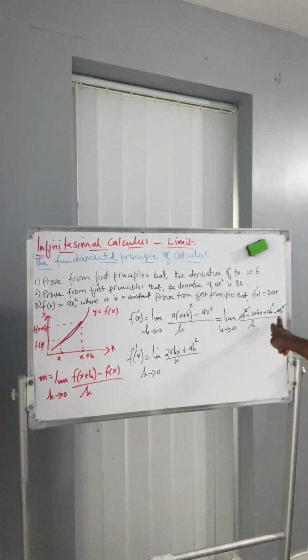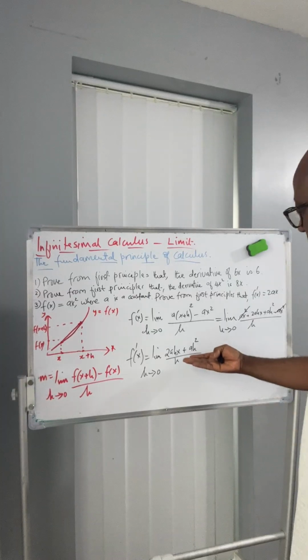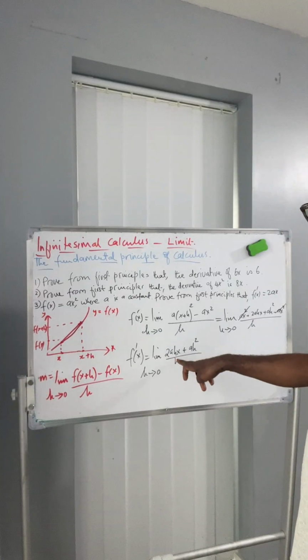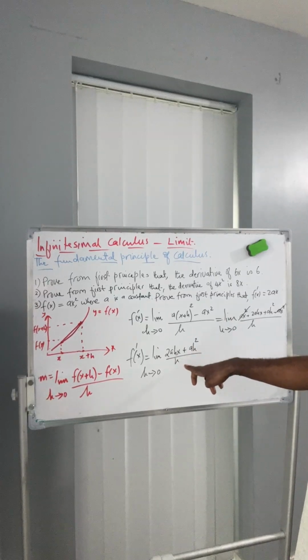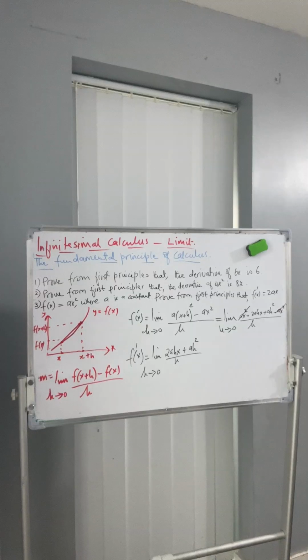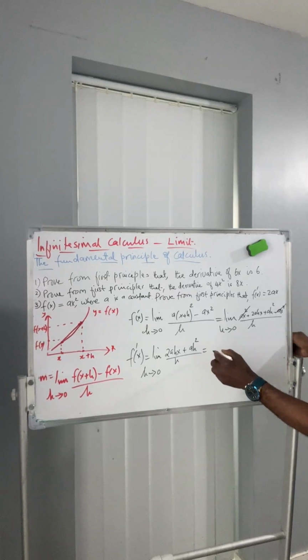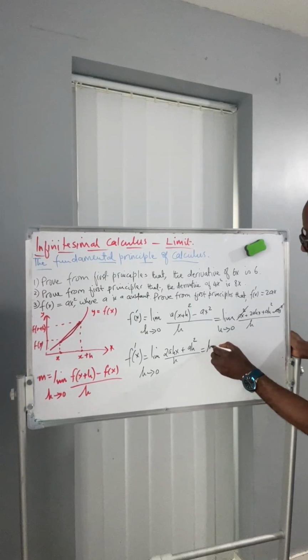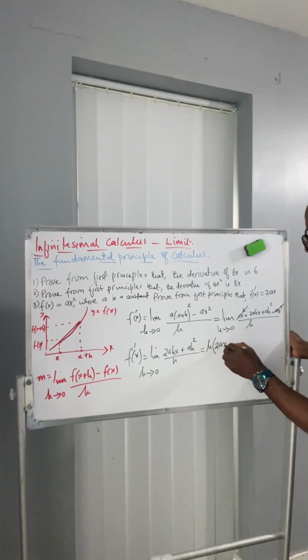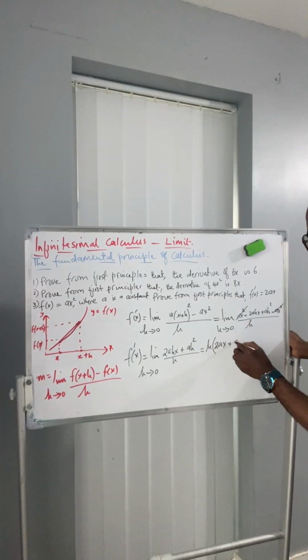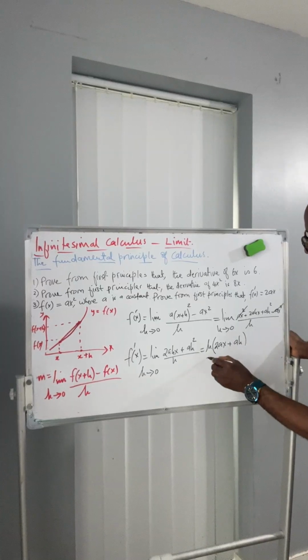This is what is left. So we can factorize h. There is h here, there is h here, and we have h at the bottom. So if we factorize h, we'll have h times 2ax plus ah all over h.